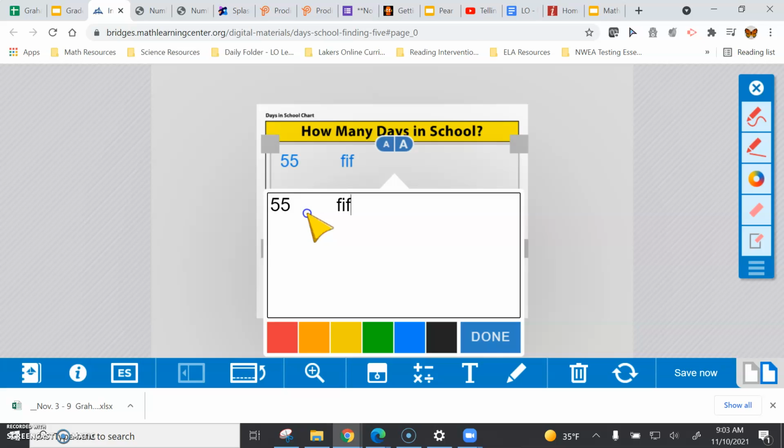Put the number word 55. I think it's very important that you know that these are also words. And then we will add 50 plus 5. We'll add over here on this side. 54 plus 1. Another way to make 55.